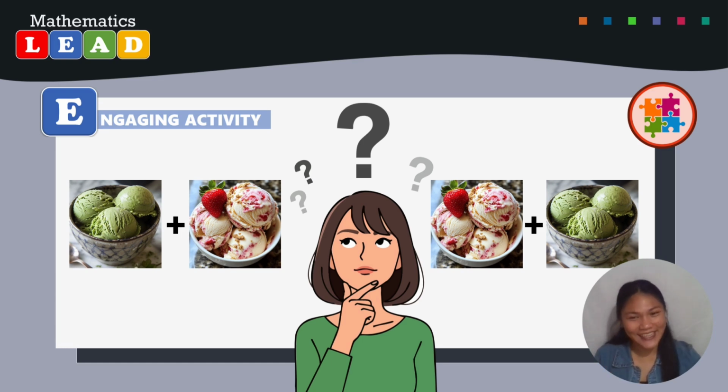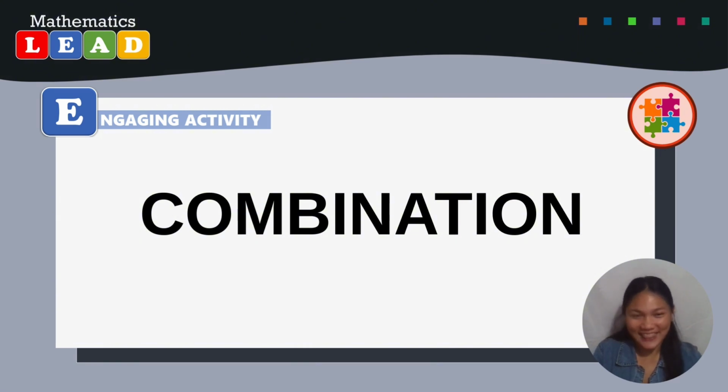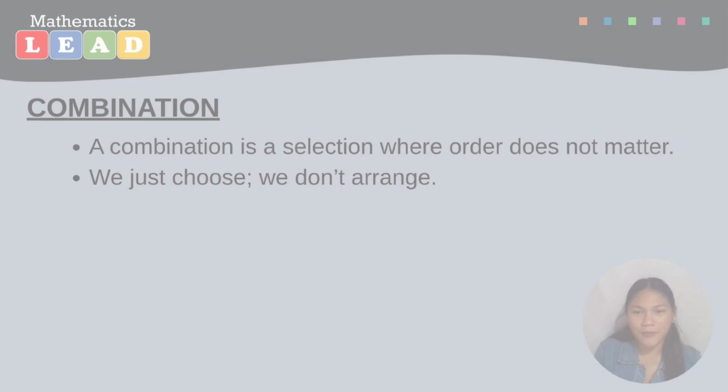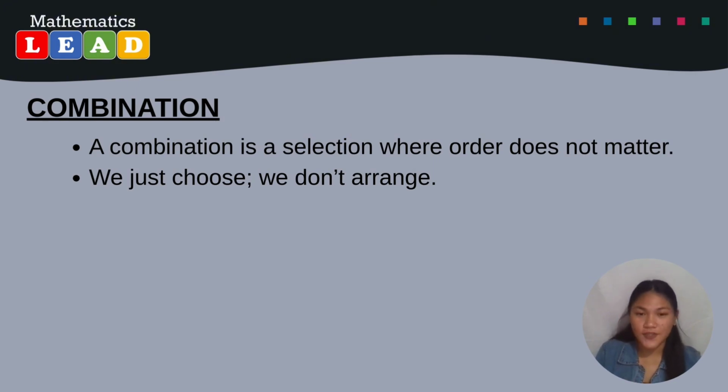And that idea fits our lesson today, which is combination. To activate your knowledge, let me ask you something. Have you ever heard of combination? If not, don't worry. Because when we say combination, we are talking about the selection of objects or items where the order does not matter. We just simply choose and not arrange. Let me give you an example.